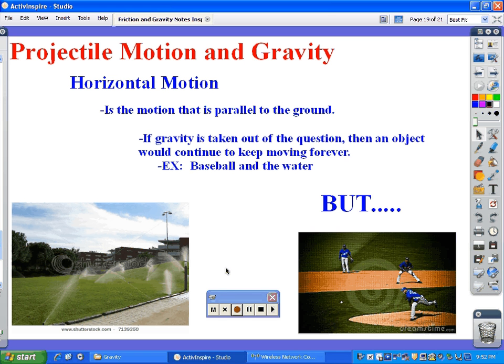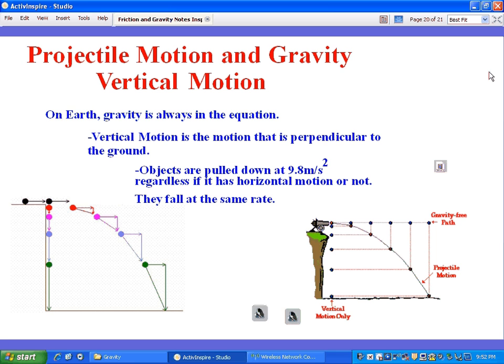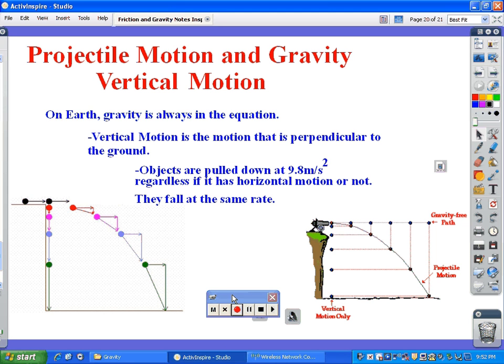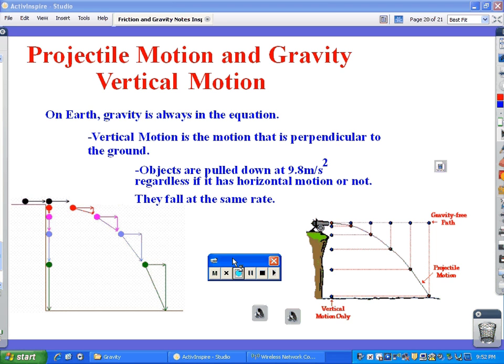The baseball pitcher's pitch will not keep going forever. It will either hit the ground or hit somebody or hit something. The water's the same way. It doesn't continue to shoot out forever, and instead is pulled down by gravity, because projectile motion is motion of anything moving through the air, and anything moving through the air moves both horizontally and vertically.